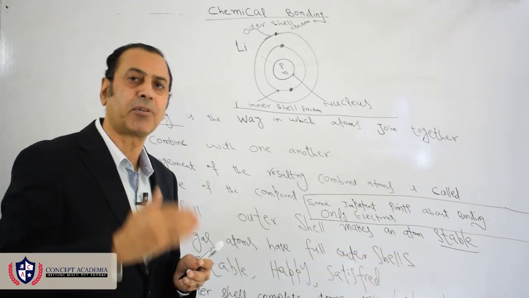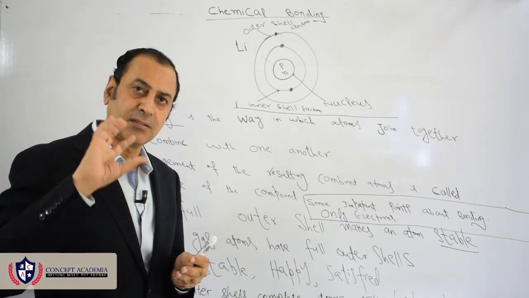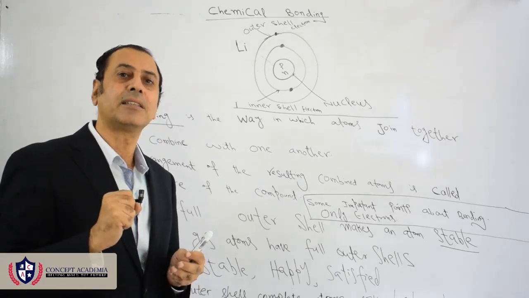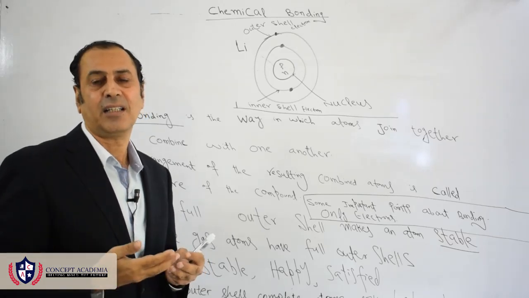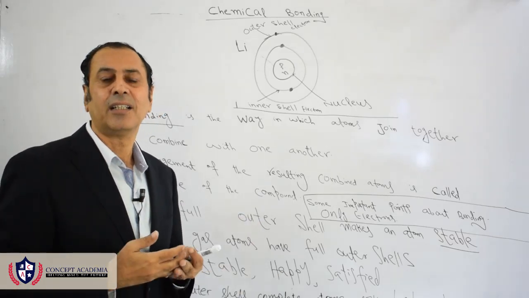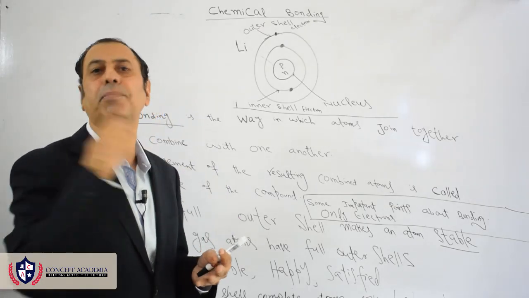And it is very important to understand the type of bonding and the structure of the compound to predict or to understand the physical and the chemical properties of the various compounds around us.